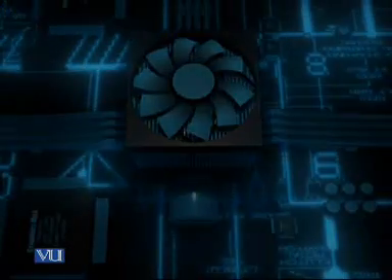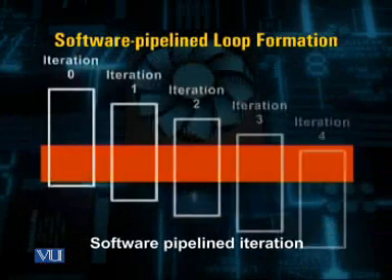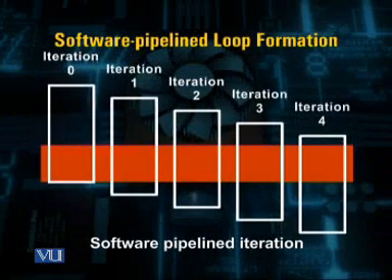I will explain this with the help of this diagram, where you can see that the instructions are chosen from different loop iterations, separating the dependent instructions within one iteration of the original loop.